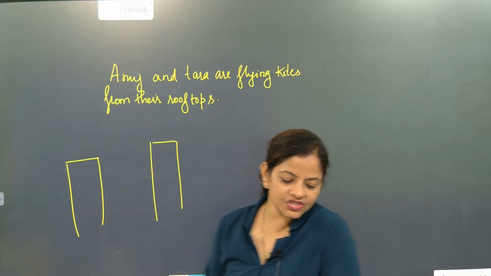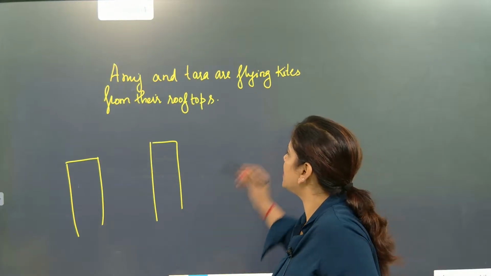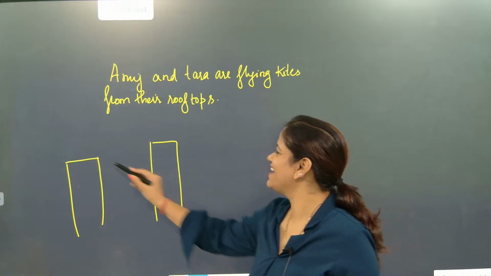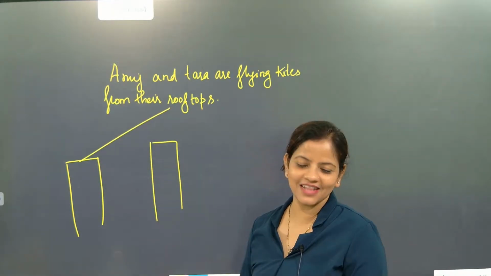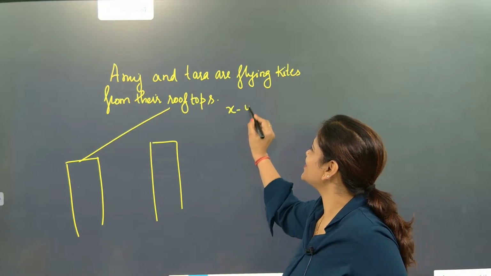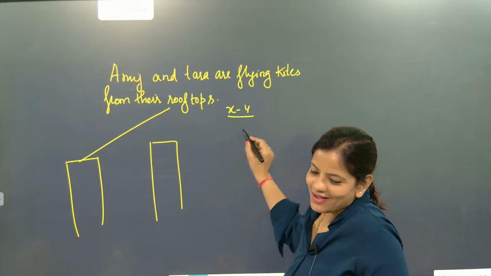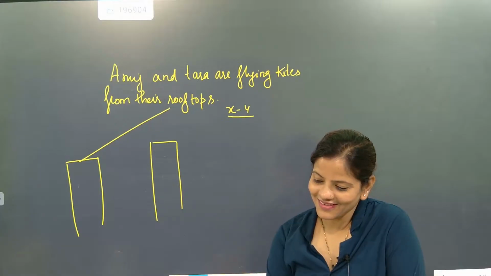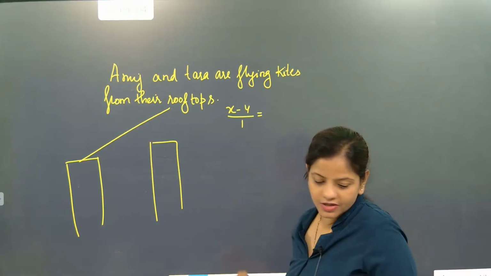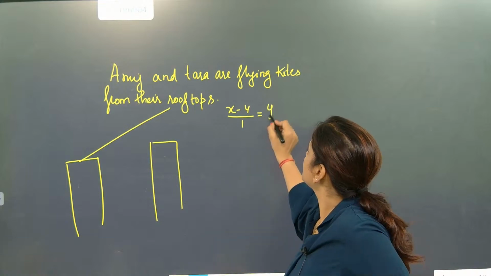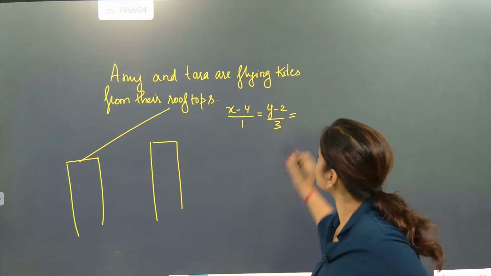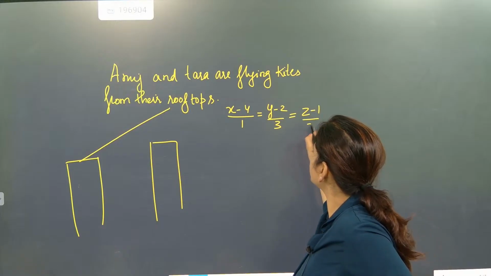Anuj's kite string is represented by the line. Equation of that line is x minus 4 by 1 equal to y minus 2 by 3 equal to z minus 1 by 2.